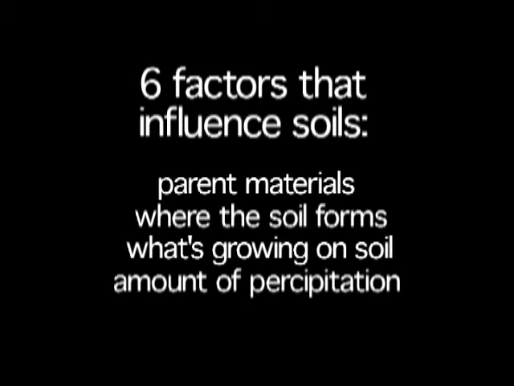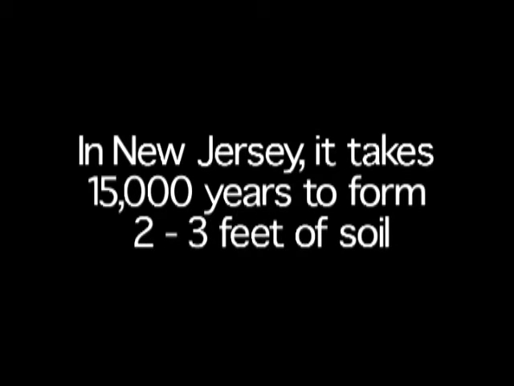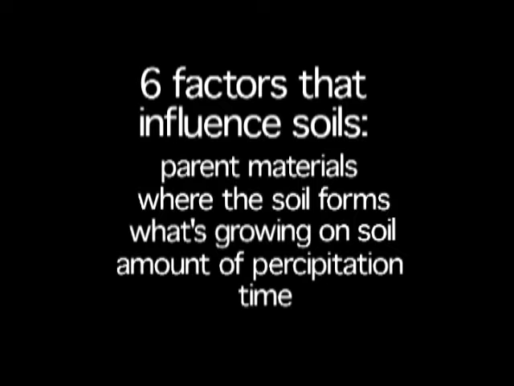You obviously will form soils more quickly in a very wet climate versus a dry climate. And also time. It takes a long time to form a soil. A 2 or 3 foot soil forming in our neck of the woods takes about 15,000 years to form. So anything we do to the surface, if we take away soil, if we pollute soil, it won't get replaced in any reasonable amount of time.